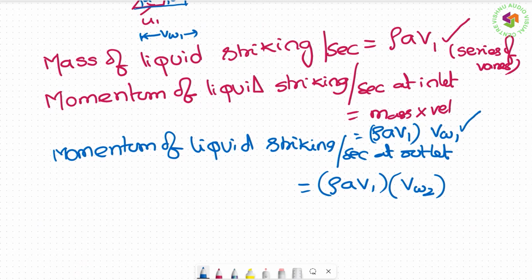Right? When I write VW2, I will use minus. Why minus? The minus sign indicates VW2 is in the opposite direction.